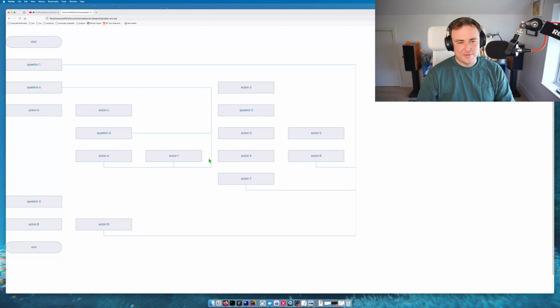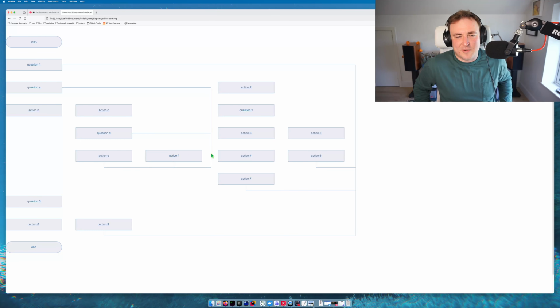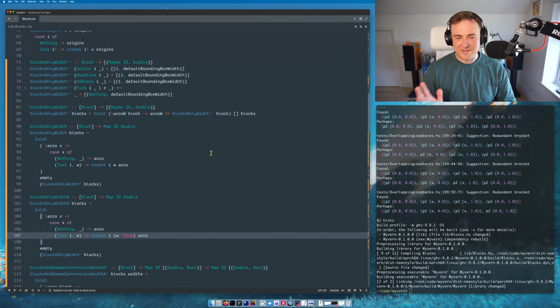So the actual width of the block is in the middle. So the connection will probably not be there ever. It will also always be skewed a little bit to the right. But still, I think this is skewed a little bit too far. It's plus 0.1, if that makes any sense.